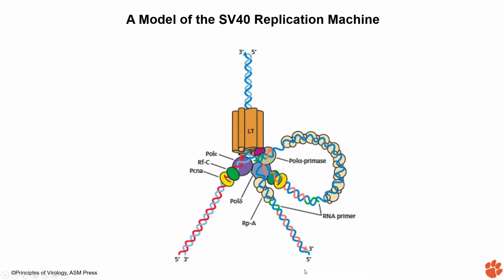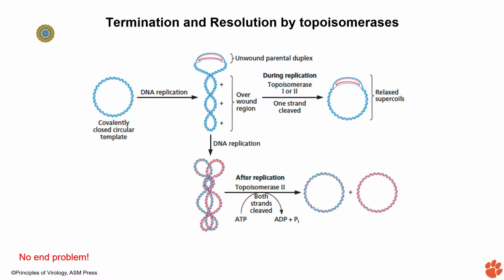But remember that the tension during replication can be relieved by topoisomerase 1 or 2; one strand is cleaved, and it relaxes the supercoil. After the two strands are synthesized, the terminal resolution is achieved only by topoisomerase 2. So during replication it is 1 or 2, but only 2 for terminal resolution. You do not have any end problem here because these are circular DNA.